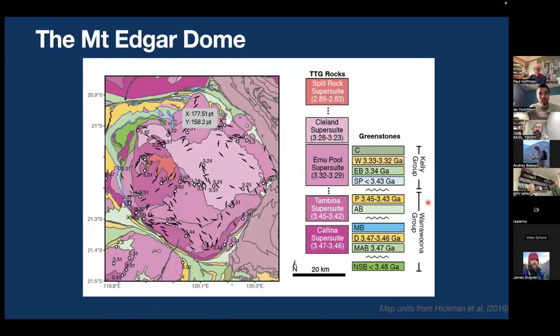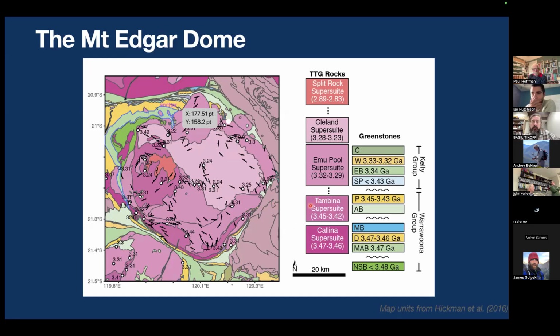So here's Mount Edgar itself. And what you can see is it's not just a single phase of deformation. You're going to have to excuse my American pronunciation here because I don't do it quite the Australian way, but the Kalina supersuite and the Tambina supersuite, these are mostly migmatitic granitic bodies.